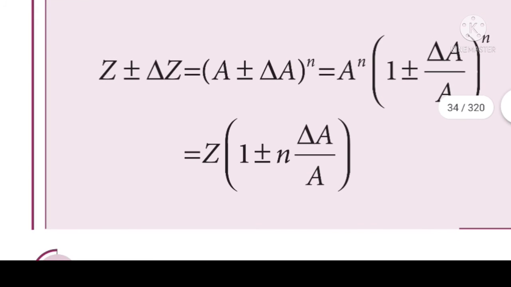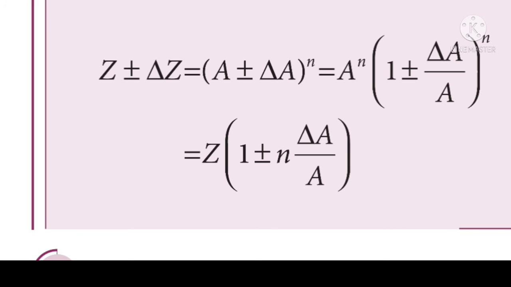Next we have to use the binomial expansion as I said earlier. Then the bracket term will become 1 plus or minus n into del A by A. The term outside the bracket, A power n, is equal to what?